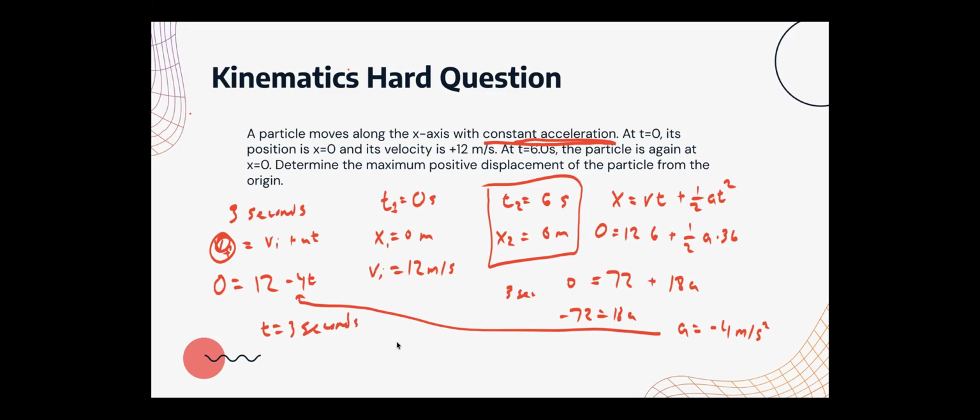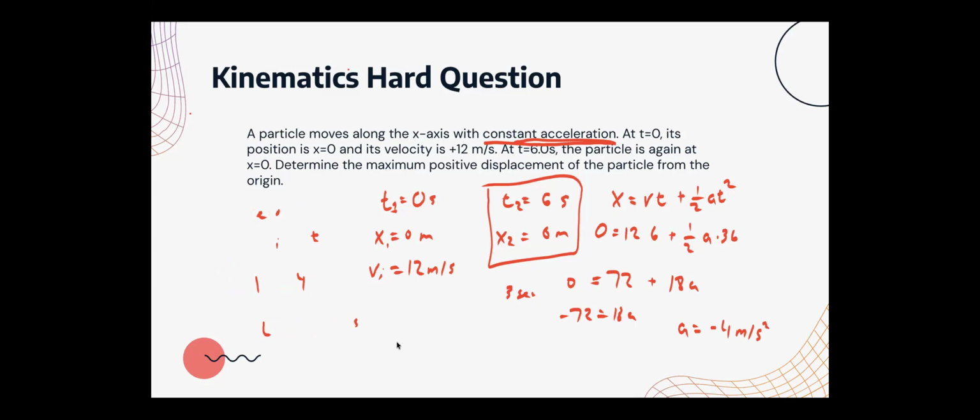You can also just use your intuition, right? It makes sense that it'll reach its maximum positive displacement once it's 3 seconds in, because there's constant acceleration and it has to return back to 0 both ways. So this is a way to prove it. I don't think it's necessary if you know that.